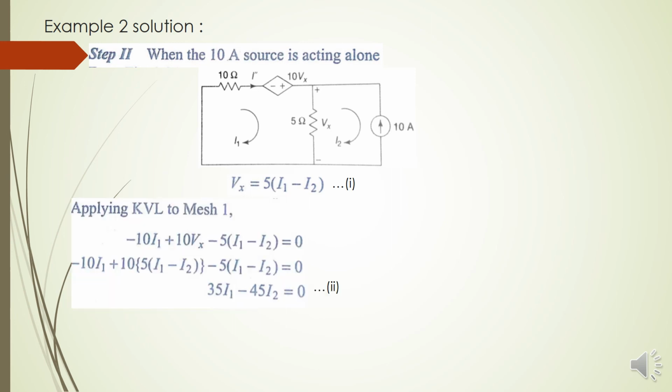Then apply KVL to mesh 1. Minus 10 I1 plus 10 Vx minus 5 (I1 minus I2). Arrange this equation to get equation number 2. Then apply KVL to mesh 2, but in mesh 2 the 10 ampere current source is present. So I2 is directly equal to minus 10.